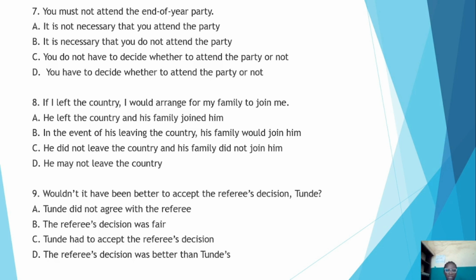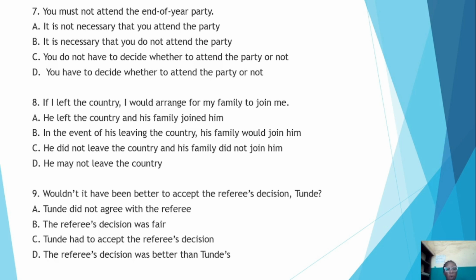Wouldn't it have been better? So now it is in retrospect that they are saying this. Probably, it would have been better if you chose the referee's decision, but he didn't. So the sentence that best explains it is option A. Tunde did not agree with the referee. Of course, it's possible that the referee's decision was better than Tunde's, but that is not the interpretation of this sentence.